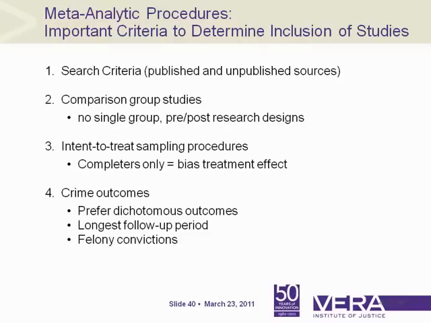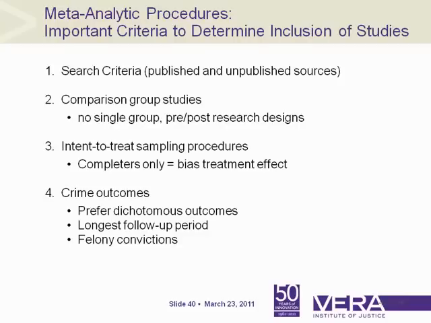Or they might report a continuous outcome, such as a mean number of arrests, the average number of arrests for the treatment group. Every author has a different way of doing it, but it's okay. You can still gather information from all of these different studies and average the effect. The important thing is that you develop a systematic way of looking at the outcomes you're interested in.